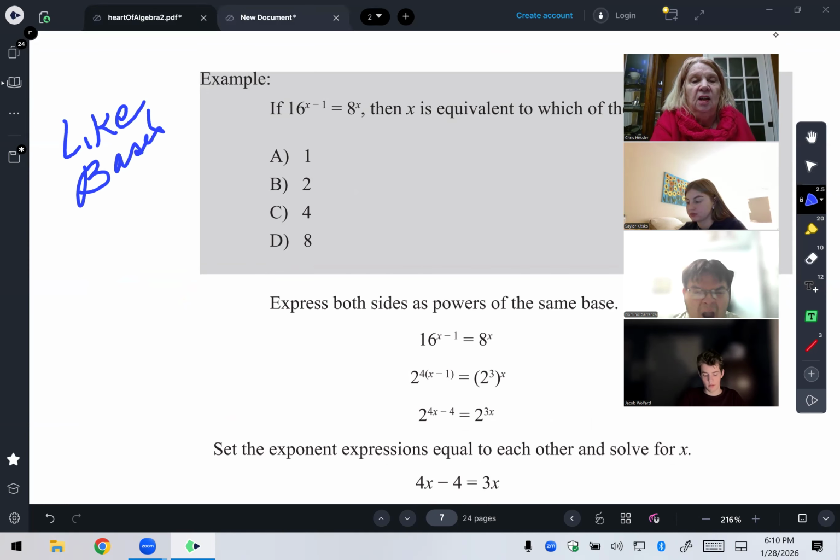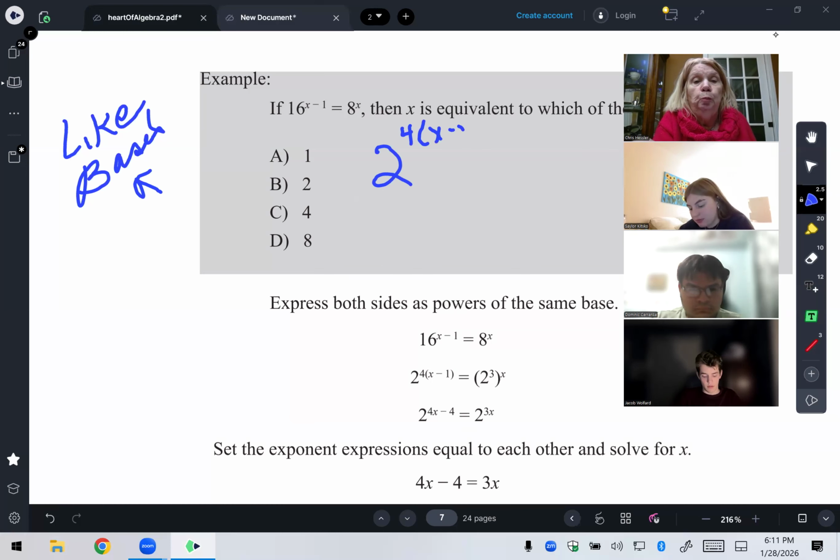Okay, 16 to the x minus 1 equals 8 to the x. Then x is equivalent to which of the following? So my goal is to get like bases. 16 is just 2 to the 4th, so 2 to the 4th, and 8 is 2 cubed, because that's 8 to the x.